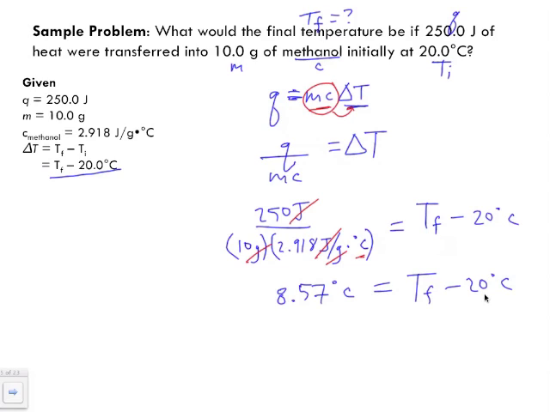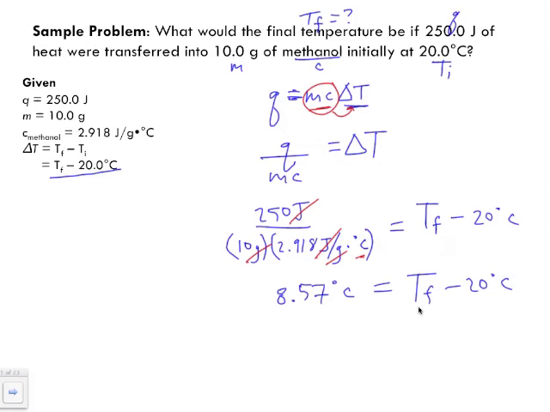So this 8.57 degrees Celsius is what we get here. We multiply these two, which is our denominator, and divide by that, which gives me this.